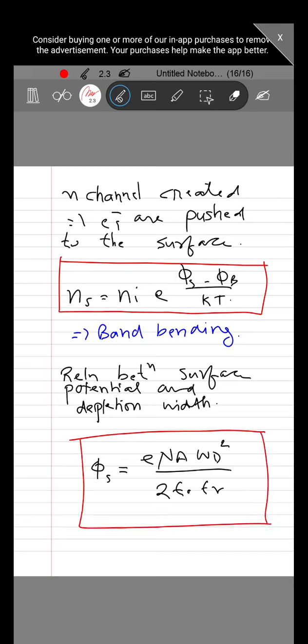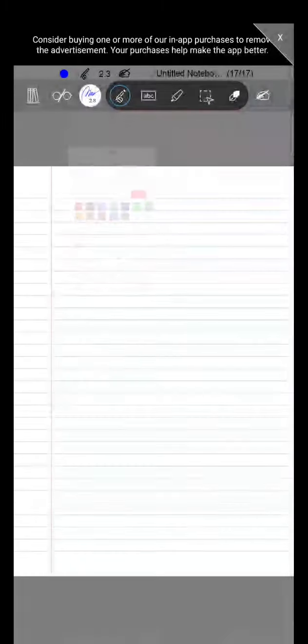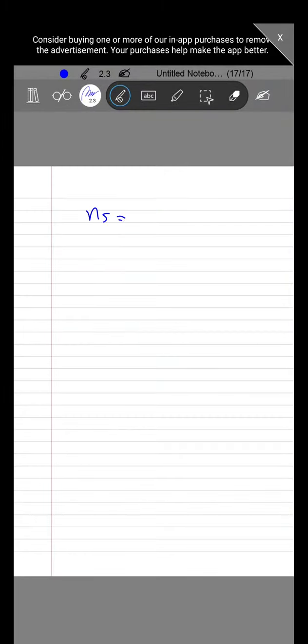So a strong inversion will be a particular case of inversion when ns is equal to na. So when ns is equal to na, we can have a strong inversion.